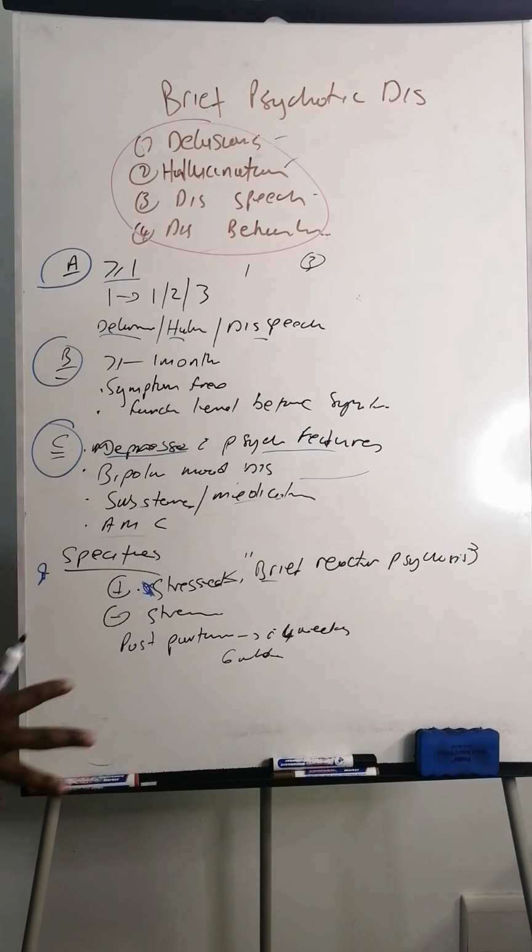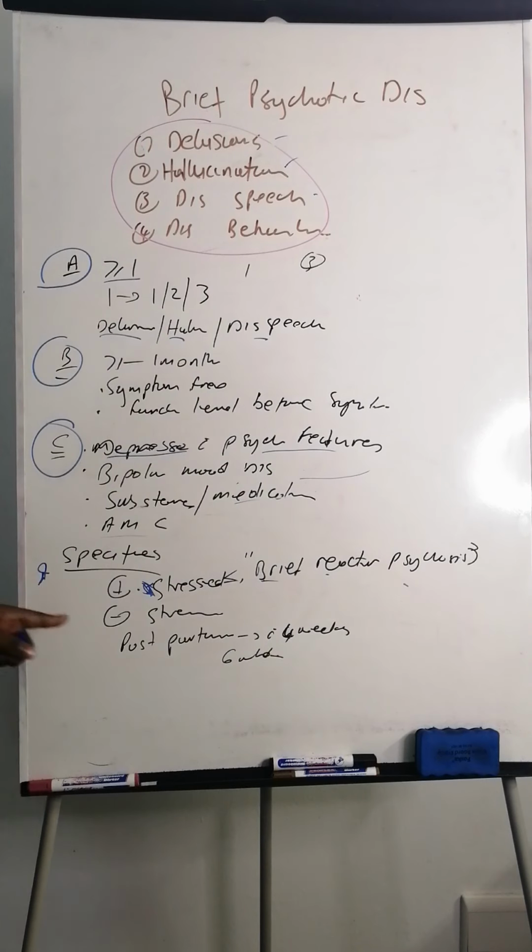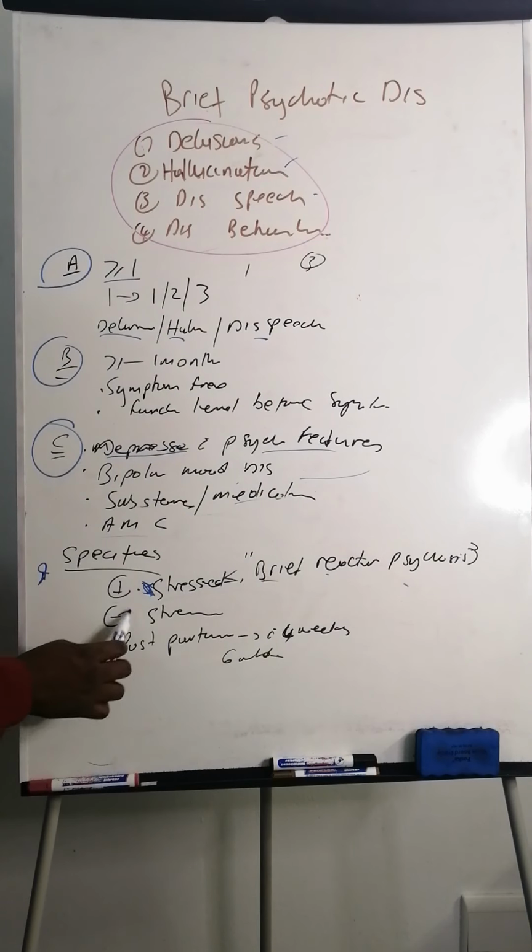And if there are recent stressors that are causing the symptoms, then that condition is called a brief reactive psychosis. And then you must also say if there were no stressors. And also specify if these symptoms are postpartum. So postpartum brief psychotic disorder.